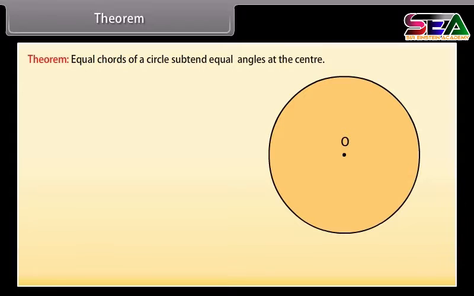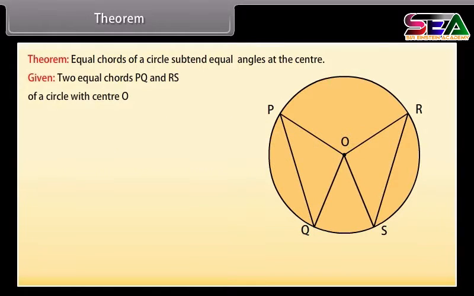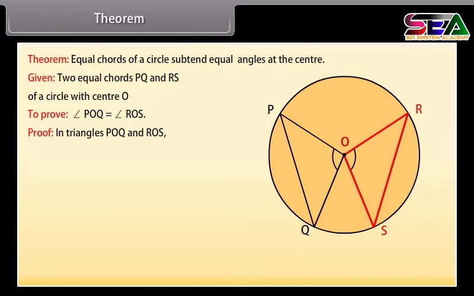Theorem. Let us prove this theorem. Given two equal chords PQ and RS of a circle with center O. To prove: angle POQ is equal to angle ROS. Proof. In triangles POQ and ROS, OP is equal to OR because these are the radii of a circle.